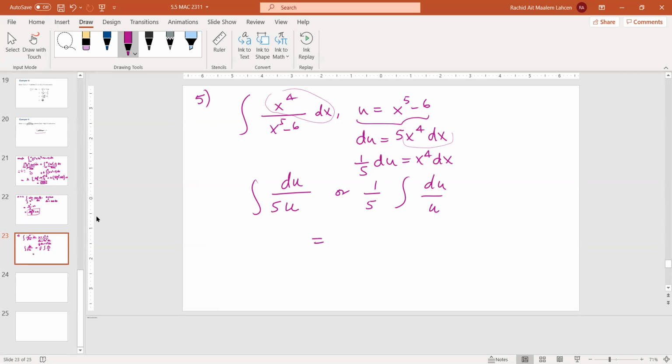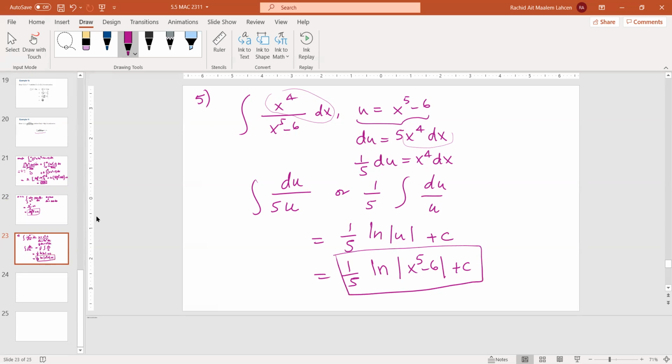And the antiderivative for this one is just going to be ln u, which we need to take back to x by doing ln of x to the 5th minus 6 in the absolute value plus c.